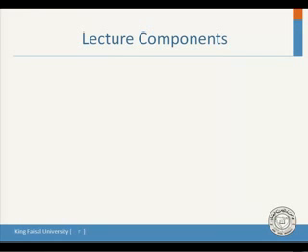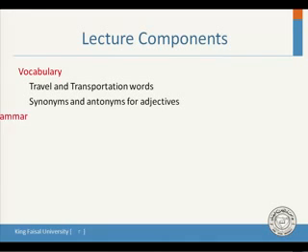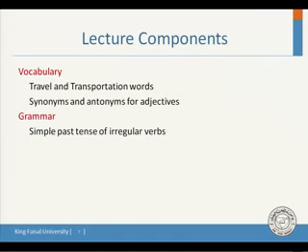The lecture components for this lecture: we have vocabulary, travel and transportation words, synonyms and antonyms for adjectives, and the grammar component. We have the simple past tense of irregular verbs.